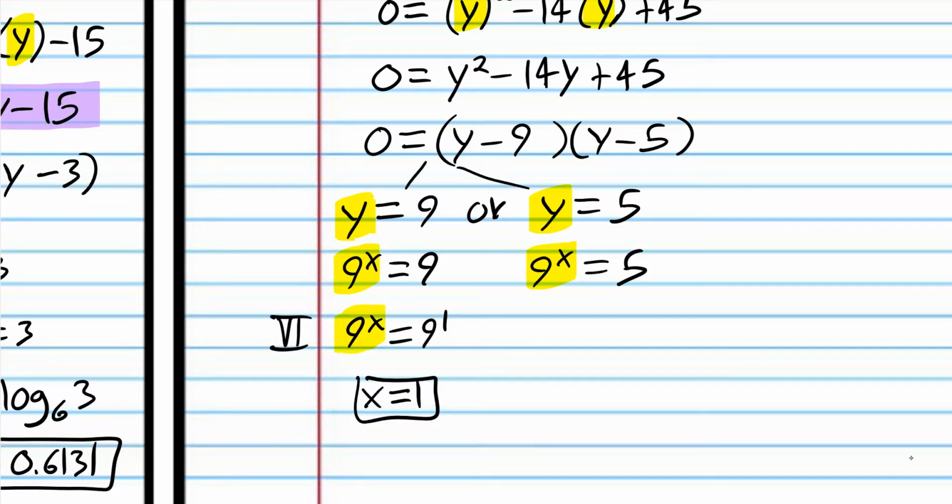Over here we have to use a calculator. X is equal to log base 9 of 5, and we just use a calculator to estimate that number. So 5, and then log base y button, and then 9 equals, and we get 0.7325.